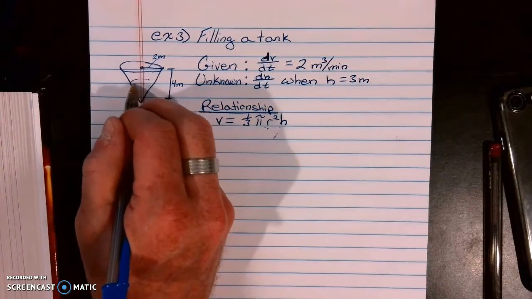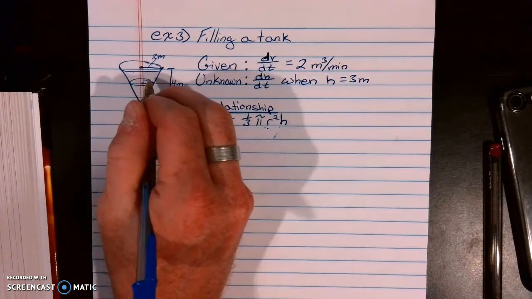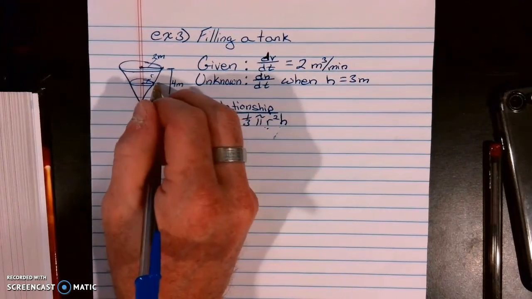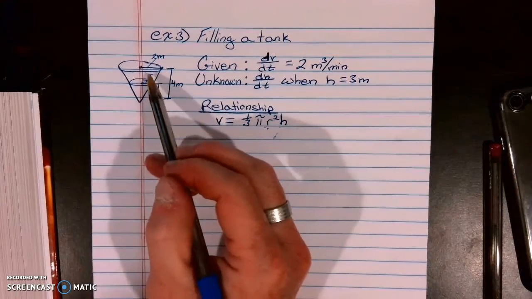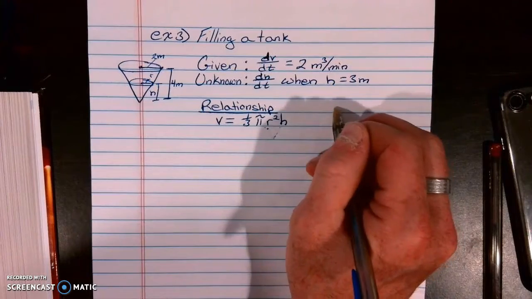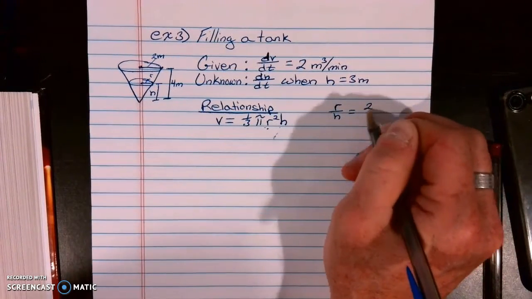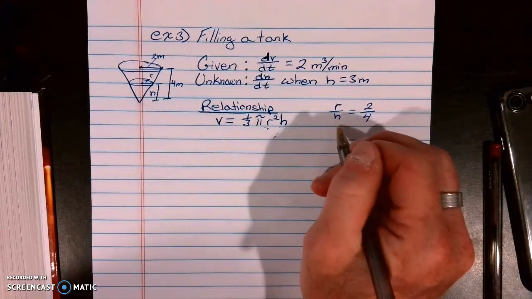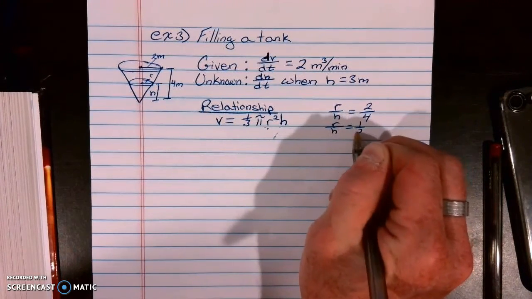So I'm going to sketch what we're looking for: the radius here would be unknown, and the height here would be unknown. But what we can say is that r is to h, and I'll put it over the side here, as 2 is to 4. Furthermore, r is to h as 1 is to 2.